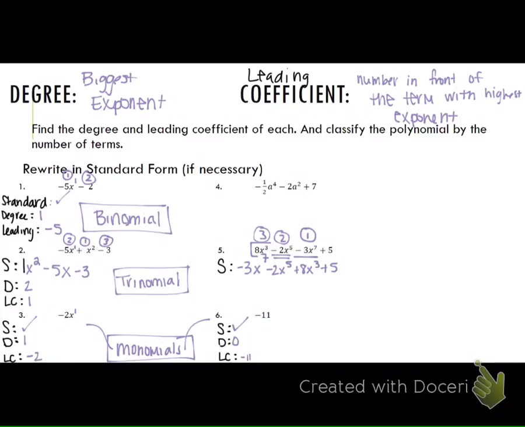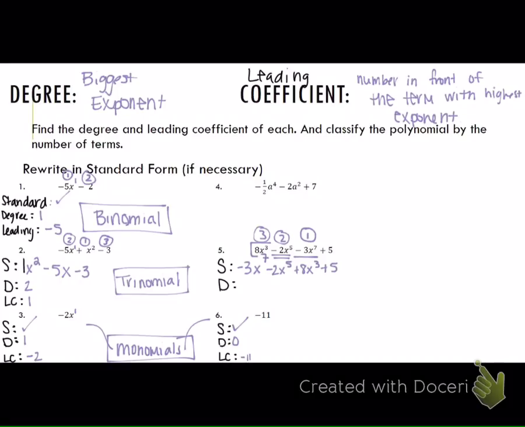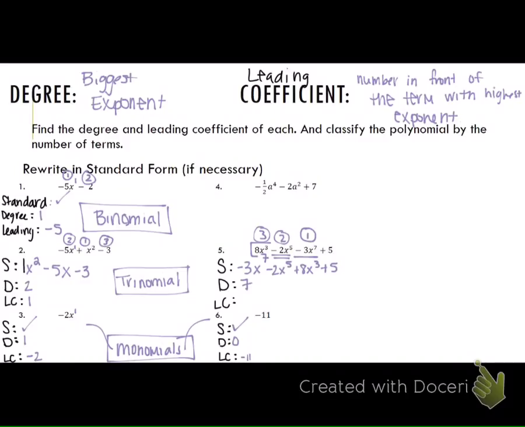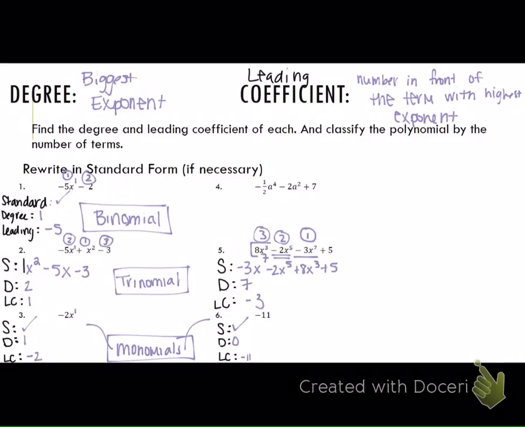Good. What is my degree, Nick, of this one? What is my highest exponent? 7. Delia, what is my leading coefficient? What did you say? Be careful. And it has more than 3 terms. What did we say, Dijonay, if it has more than 3 terms?